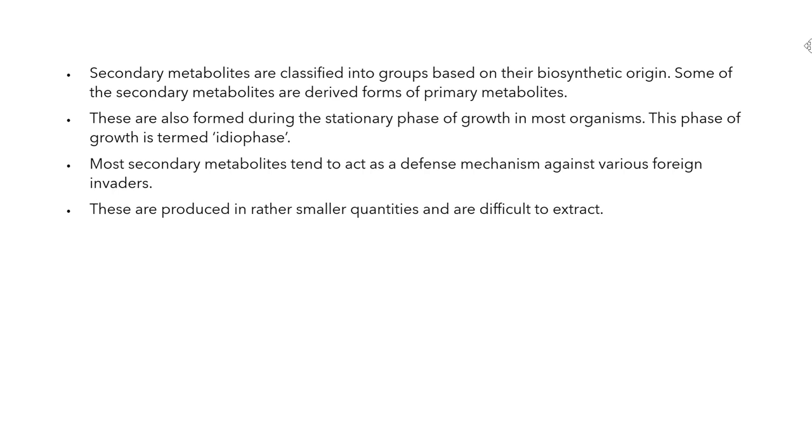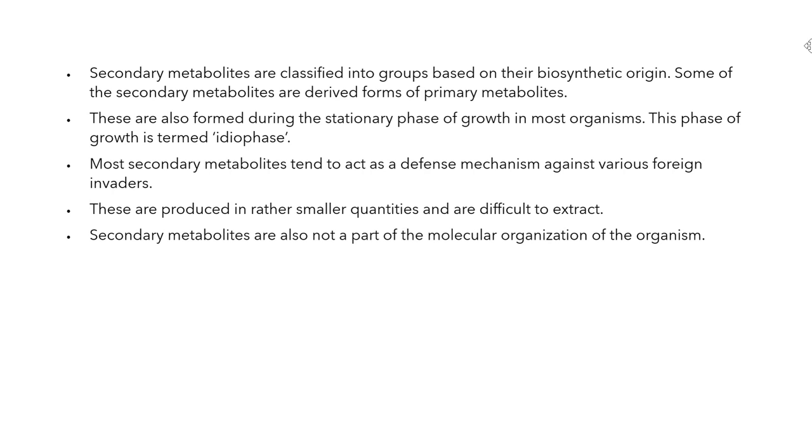Then these are produced in rather small quantities and are difficult to extract. Since secondary metabolites are produced in the body in smaller quantities, they are difficult to extract, whereas primary metabolites are produced in larger amounts, so they are easy to extract.